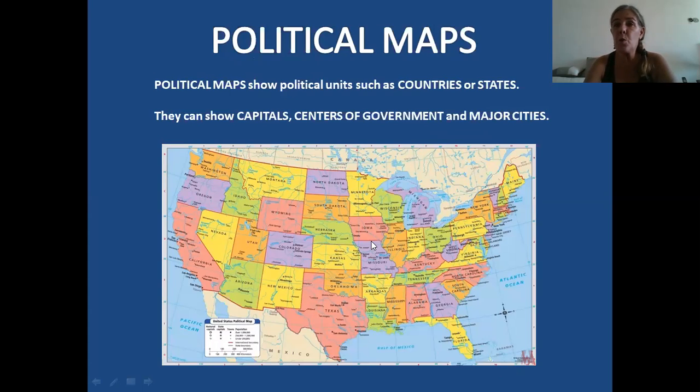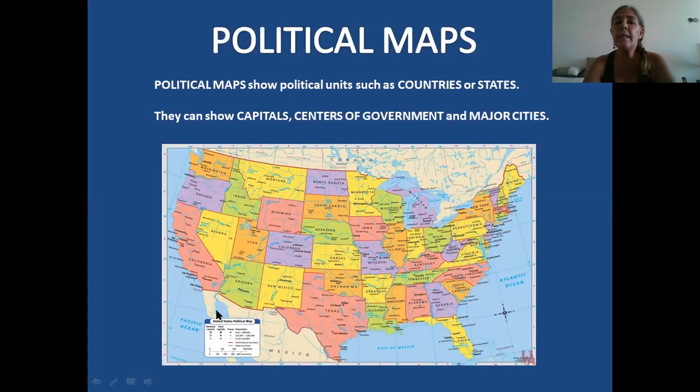It's not taking into account Hawaii or Alaska. It's just the continental United States. And what it's showing us in different colors is the different states, and it's also showing the capitals and the most important cities of every state. Right down here, we have the key that is giving us special information about this map.